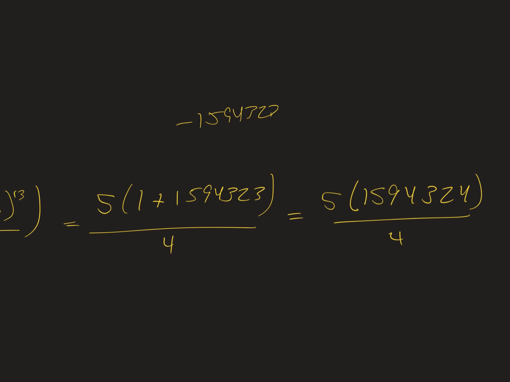If you plug all that in your calculator, you may not get something pretty. You might. If you do, great. If you don't, you have to simplify. So if you multiply 5 times that number, what do you get? 7,971,620 over 4. If you divide that out, is it pretty?